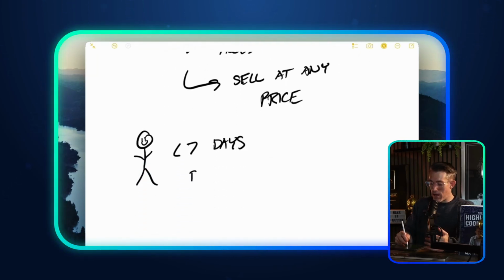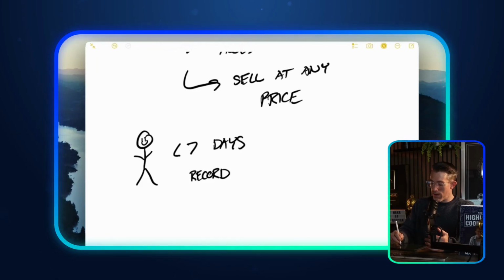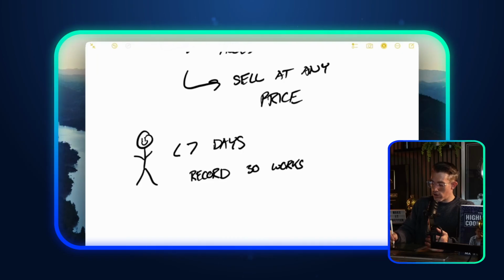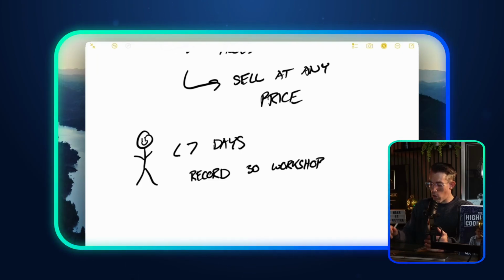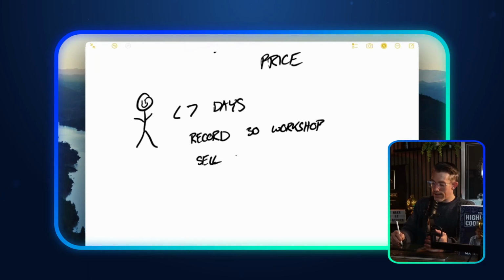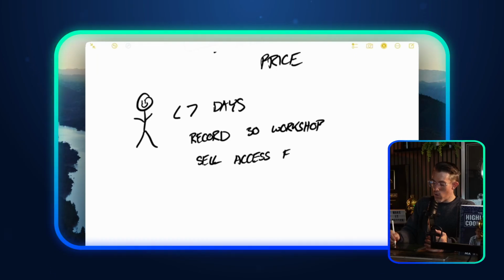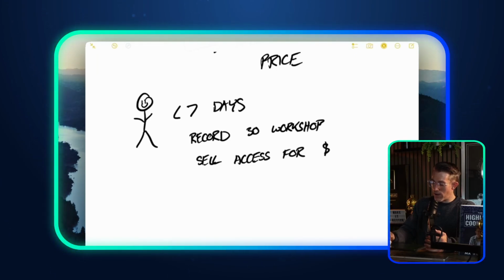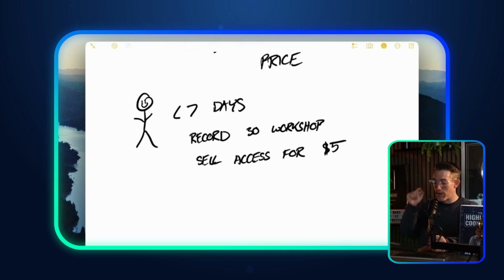It might be to record a 30-minute workshop just to show them, hey, you can teach something. So record this 30-minute workshop, sell access for as low as $5. It's like, can you get someone to buy this from you?